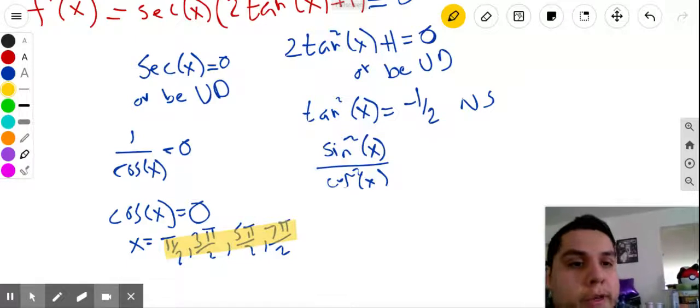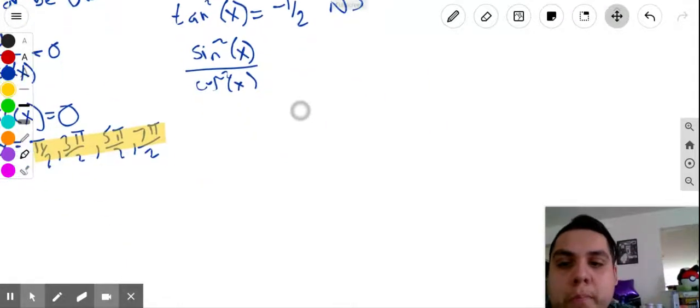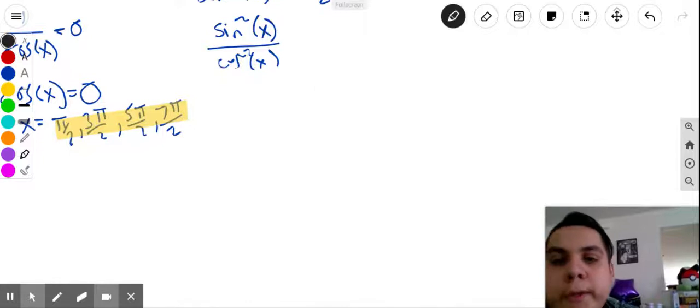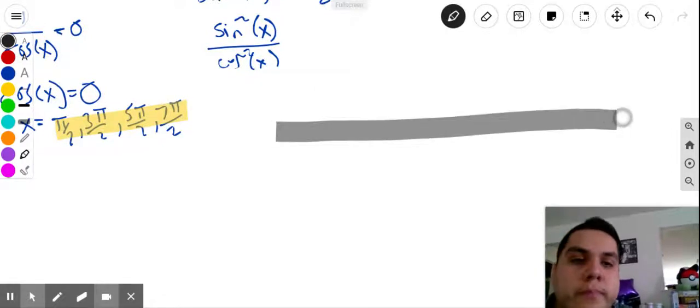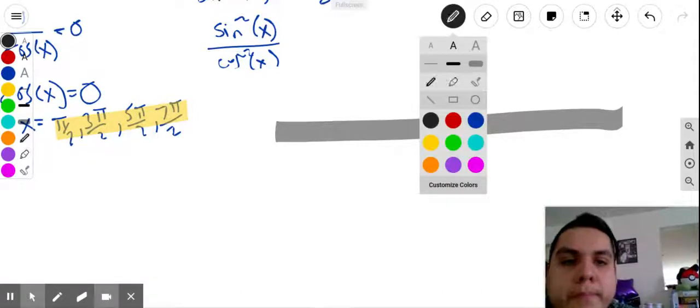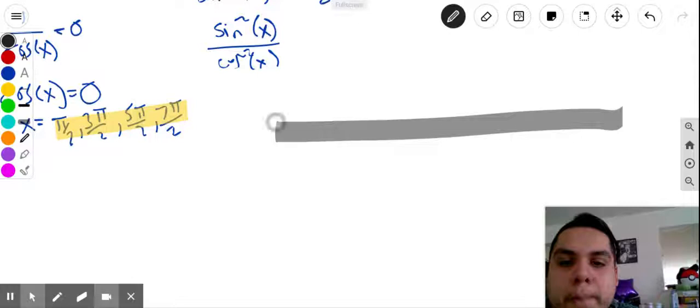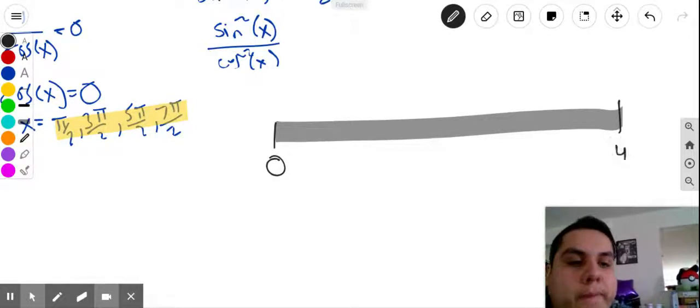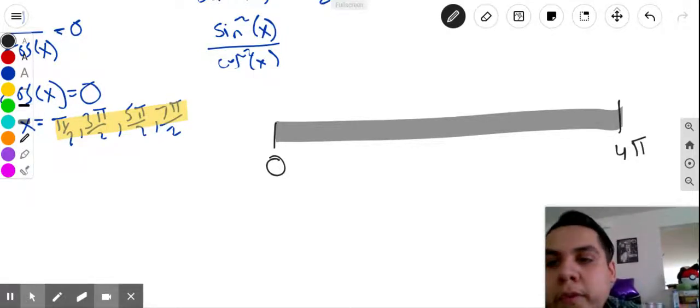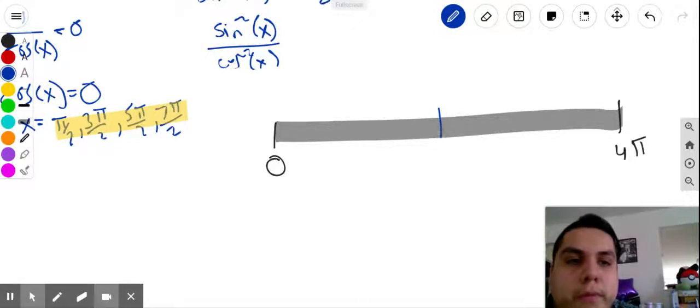So at this point, I just have to create my number line and test it out. You know what? I'm not even going to bother. It's fine. I have 0 and I have 4 pi. And then we found 4 values. 1, 2, 3, 4.